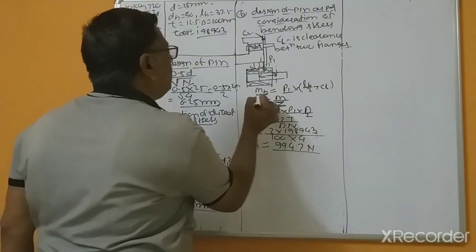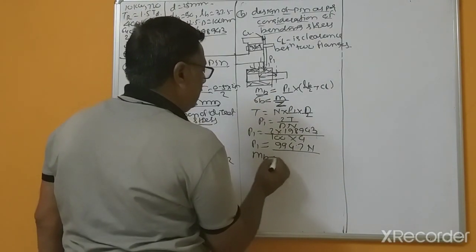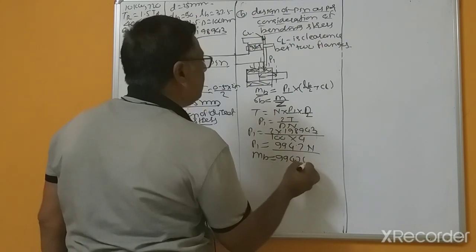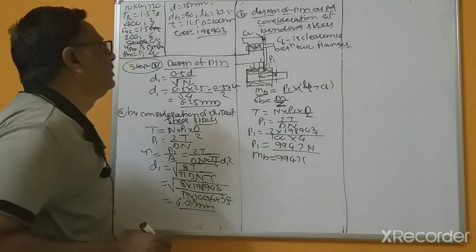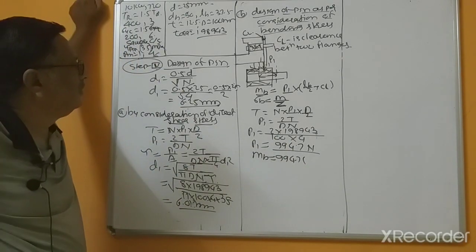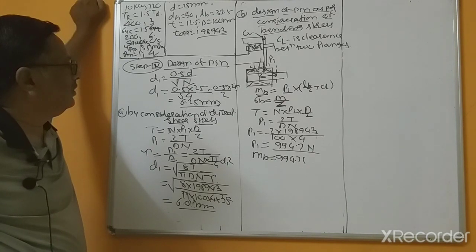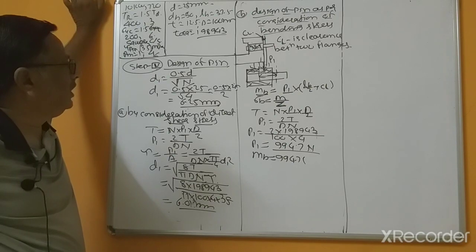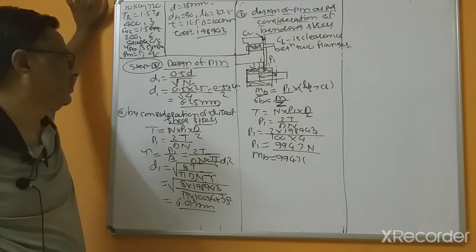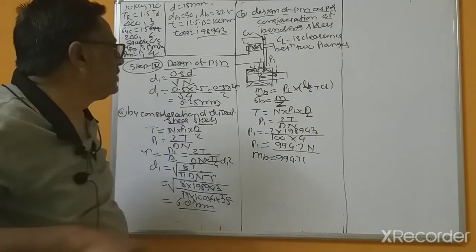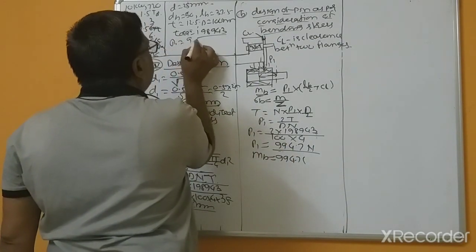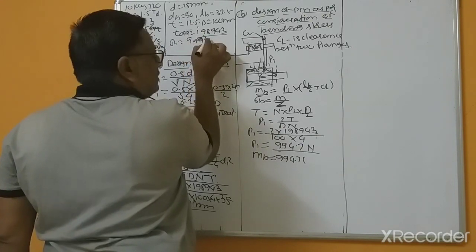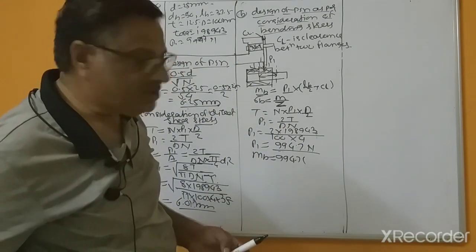Now MB equal to 994.7 LB, length of the bush. Still we have not calculated the length of the bush, so only we'll extract this P1 equal to 994.7 Newton. I will skip these steps.